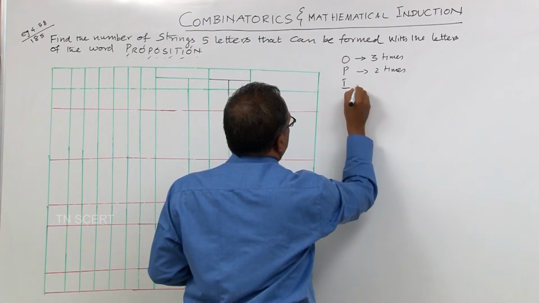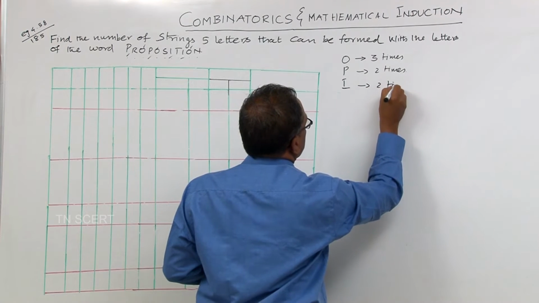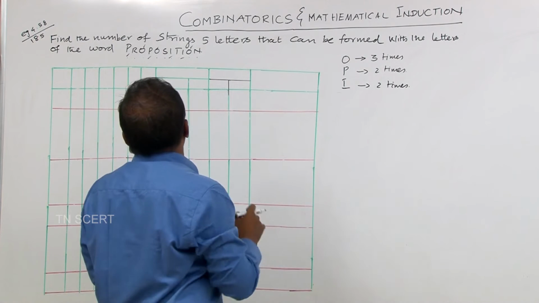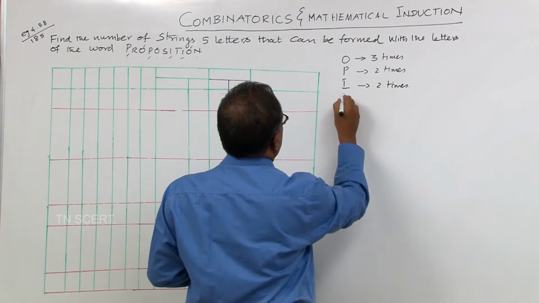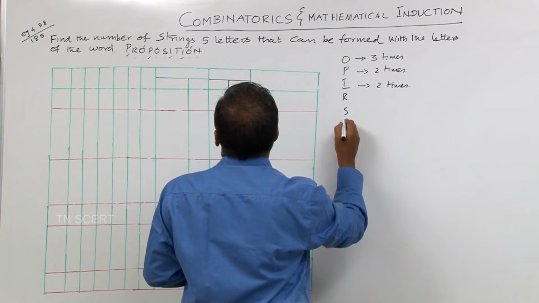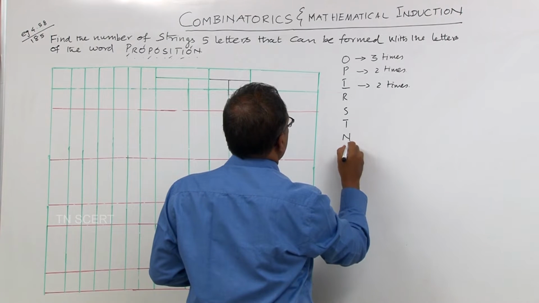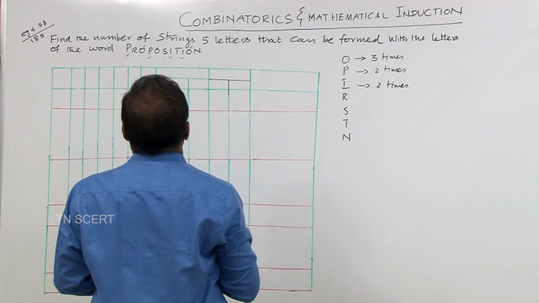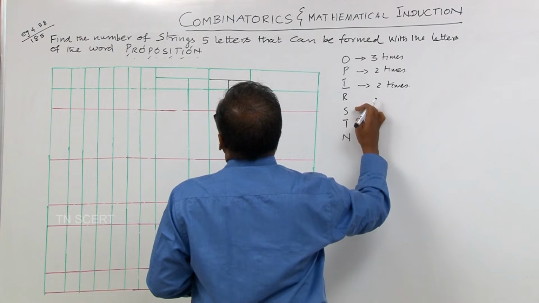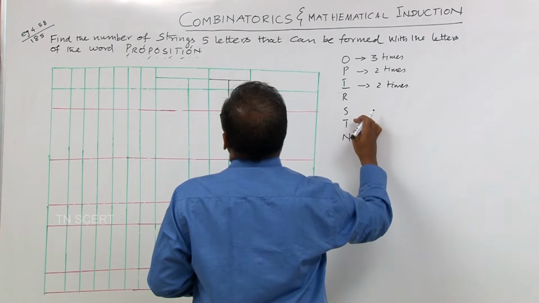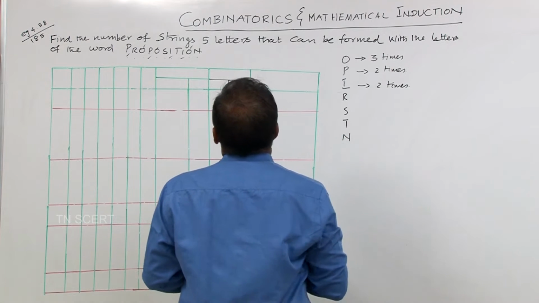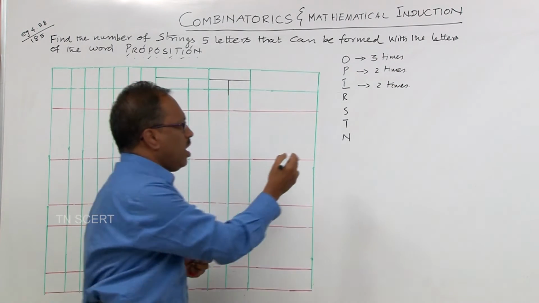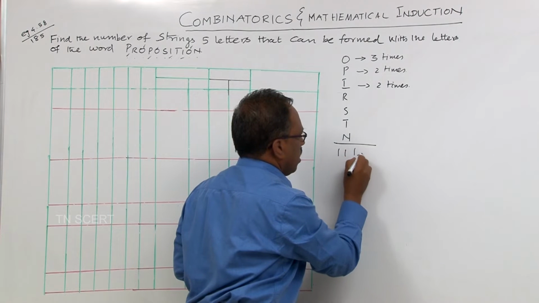Then the remaining letters are R, S, T, N. So here 3 plus 2 plus 2 is 7, and 7 plus 4 is 11 letters. So totally 11 letters are there.